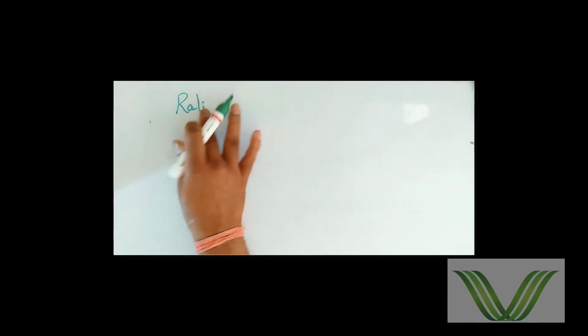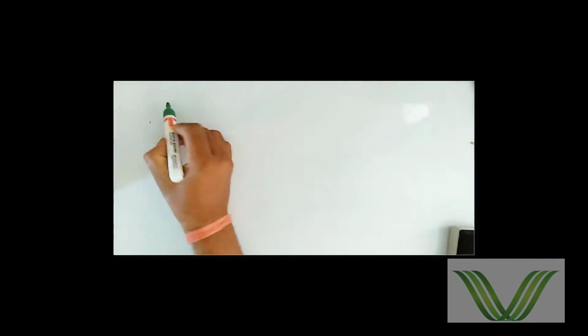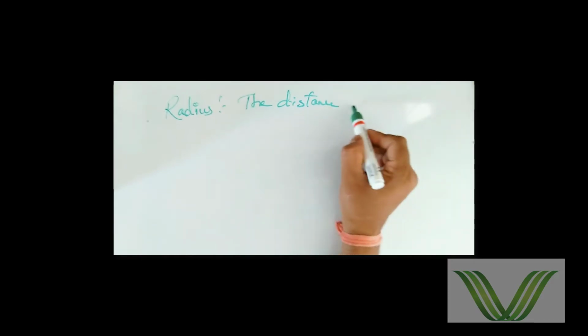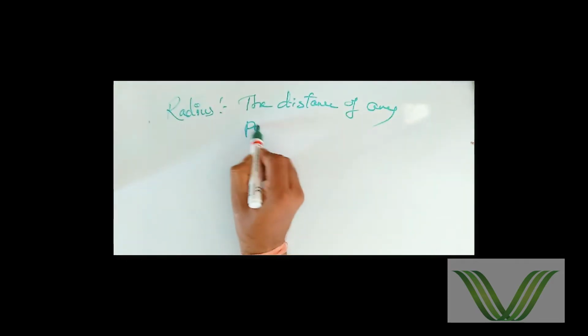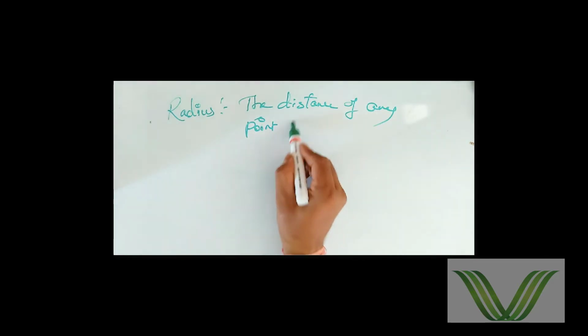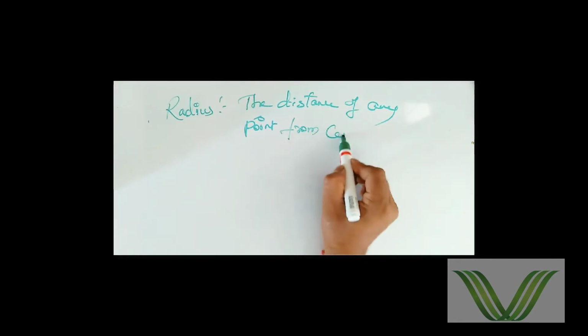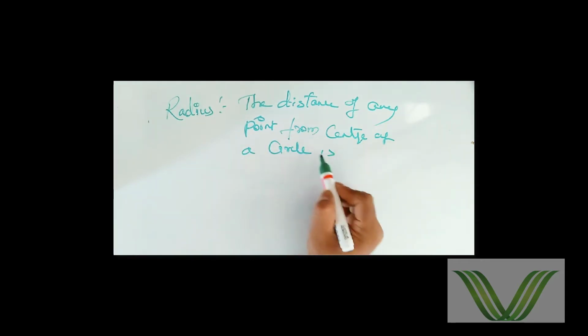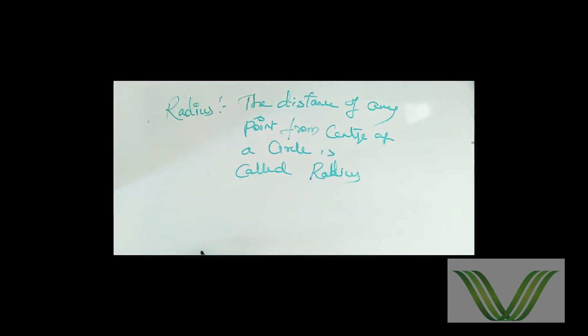And further, in this circle we have a radius. So what is radius? The distance of any point from the center of a circle is called radius.